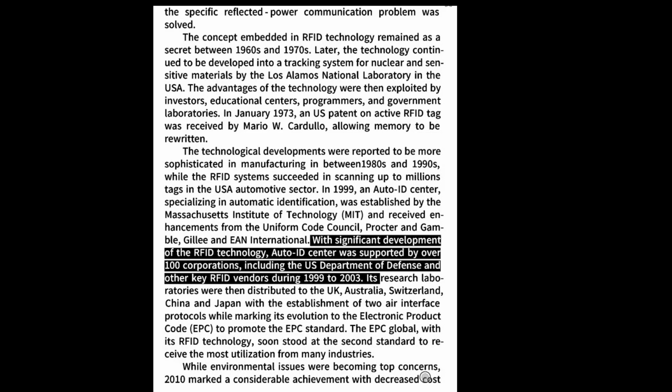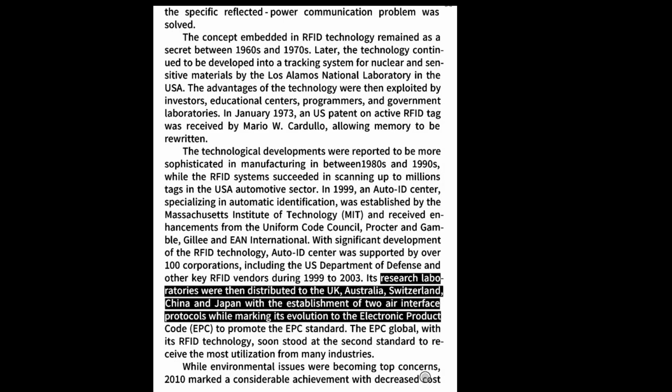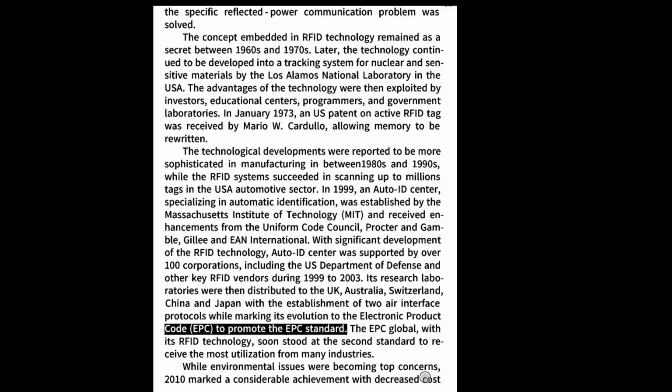With significant development of the RFID technology, Auto ID Center was supported by over 100 corporations, including the U.S. Department of Defense and other key RFID vendors during 1999 to 2003. Its research laboratories were then distributed to the UK, Australia, Switzerland, China and Japan, with the establishment of two air interface protocols, while marking its evolution to the Electronic Product Code (EPC) to promote the EPC standard.